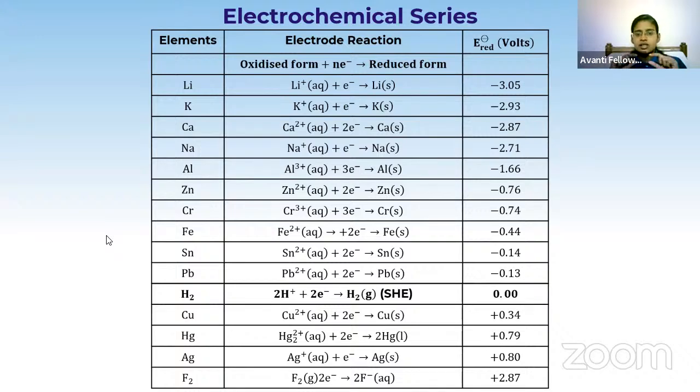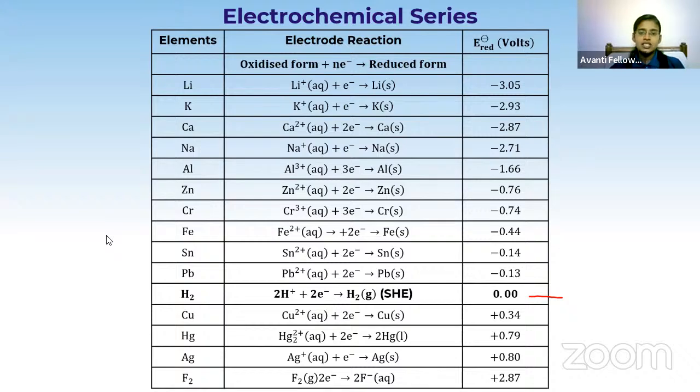So the E naught value is calculated based on the standard hydrogen electrode. Above the standard hydrogen electrode, we can see the negative values. And below this standard hydrogen electrode, we have the positive values.